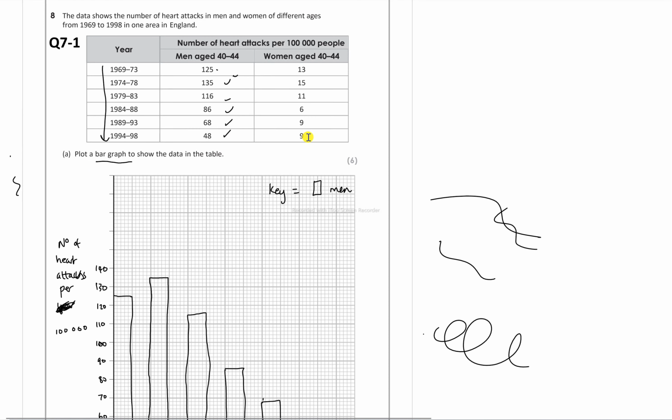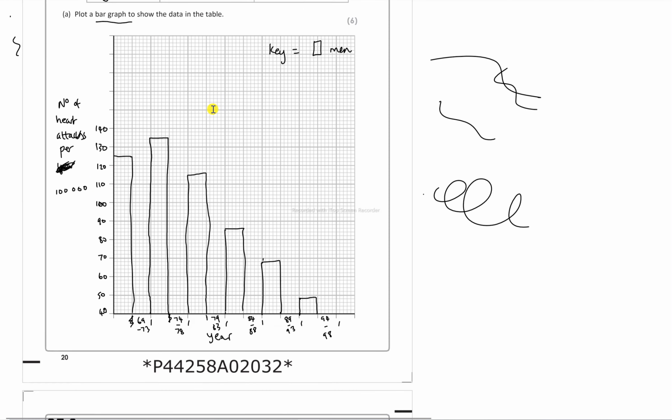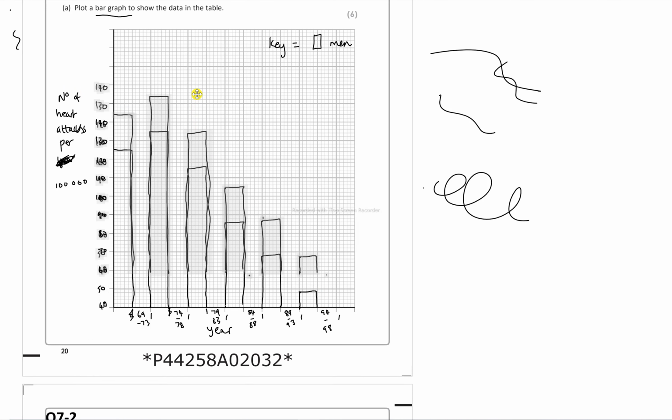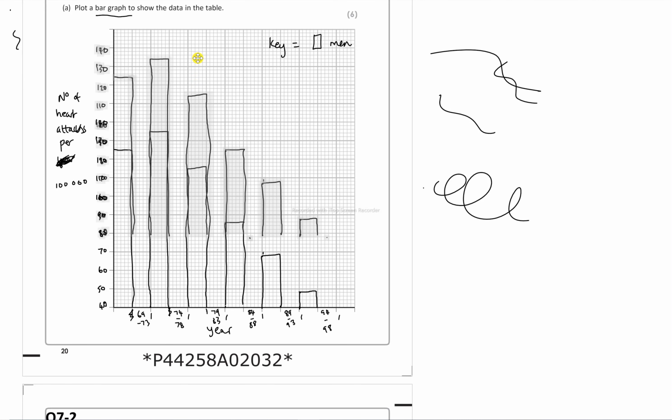So the heart attacks for women is so low, it's off here. So I need to move up 4 more. Do you know what I can do? I can cheat. I can go up 10, 20, 30, 40.